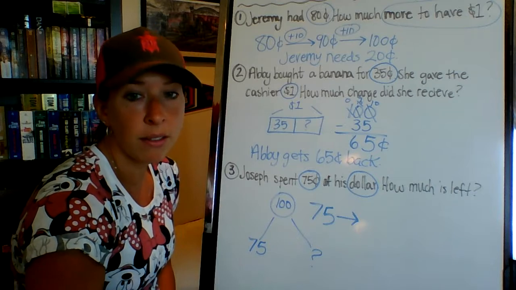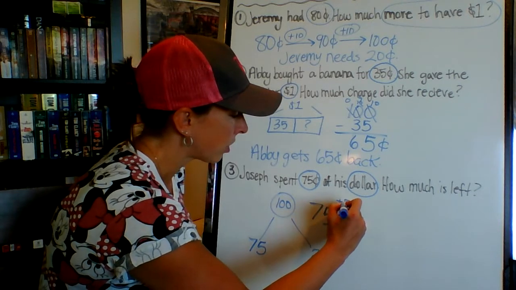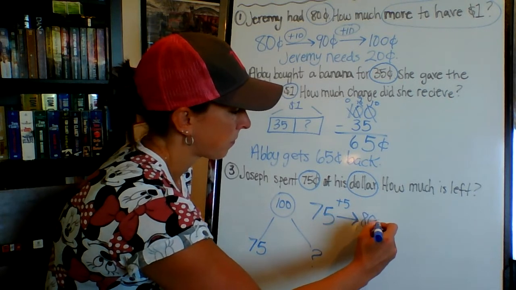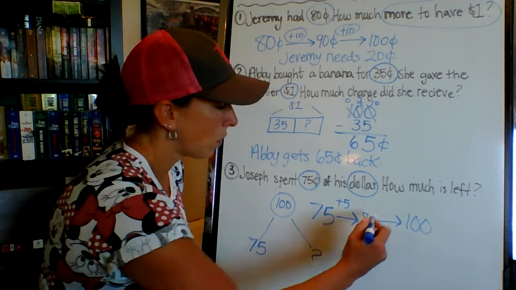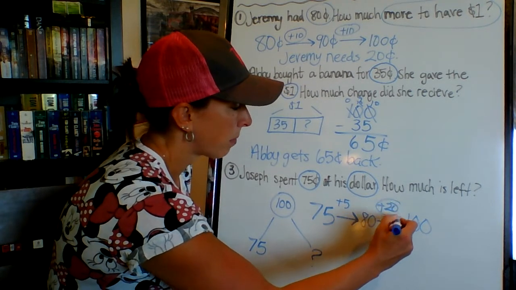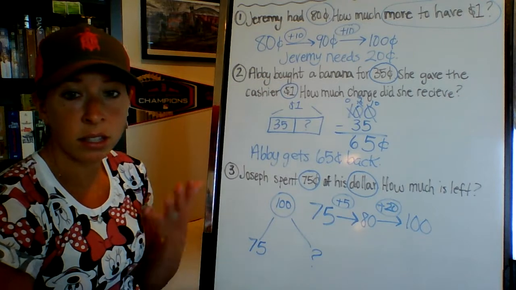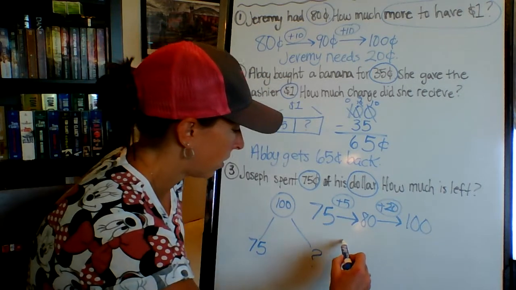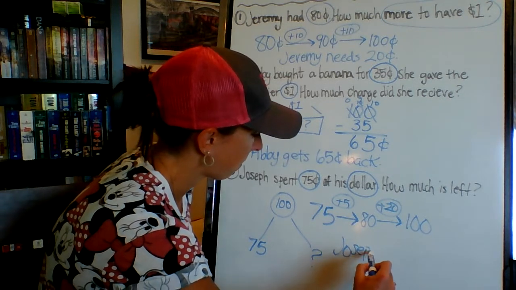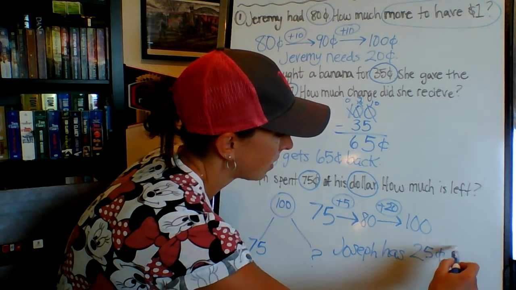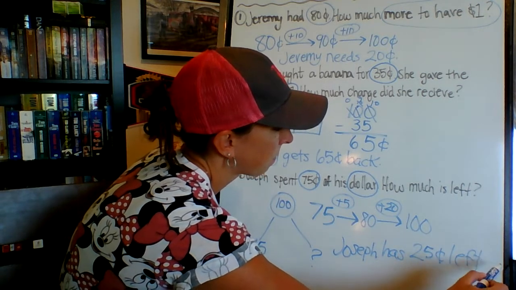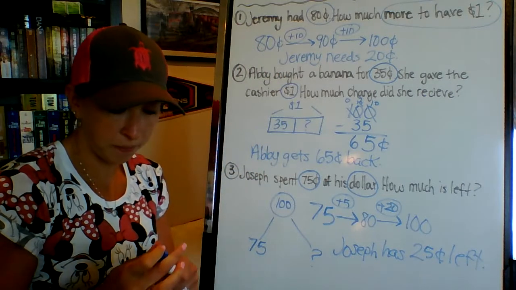So 75, I'm going to go 5 first to get to 80. And then how many more do I need to get to 100? 20. So I combine those. 20 plus 5 is 25. So Joseph has 25 cents left. There we go.